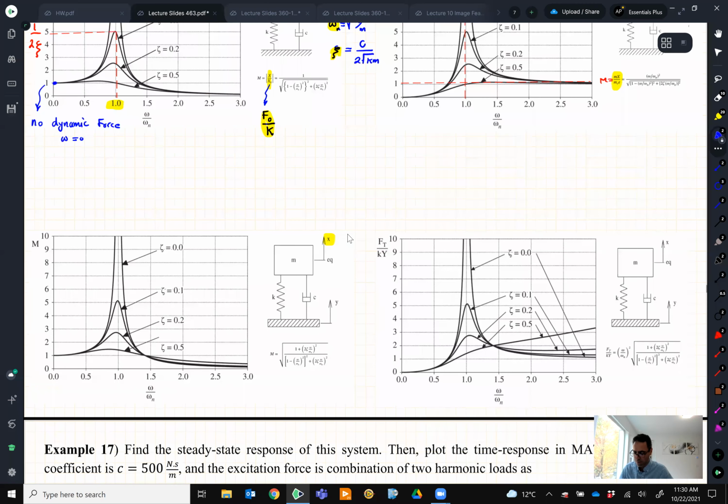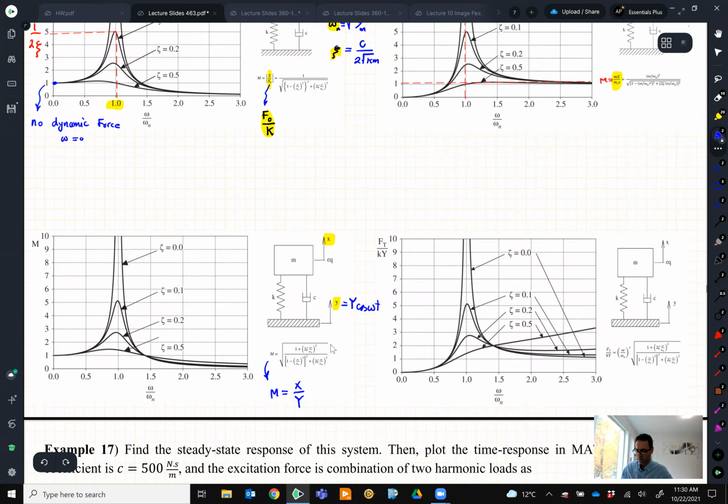So I define my magnification factor as X divided by Y, the ratio of X and Y. Remember, this Y is, again, the displacement, a capital Y sine or cosine omega t.